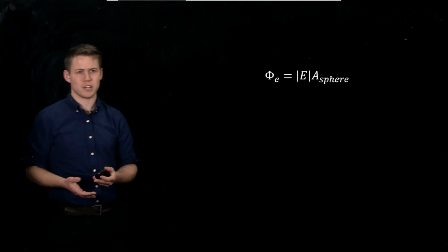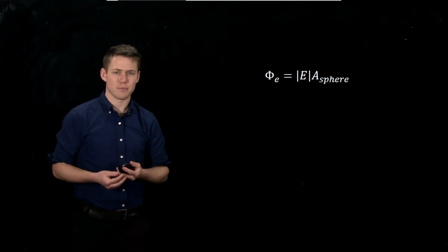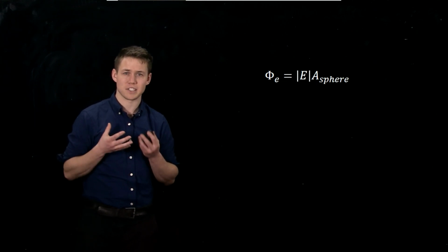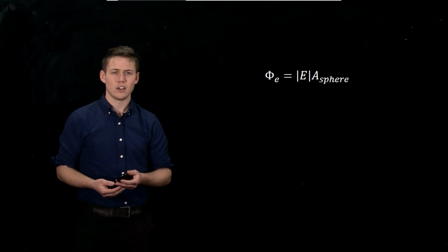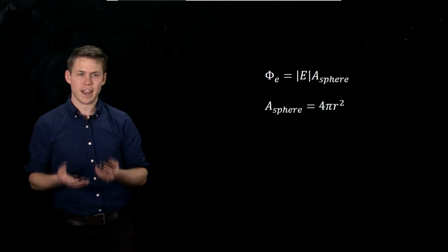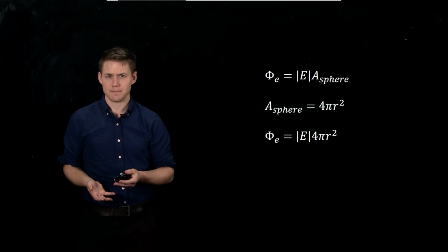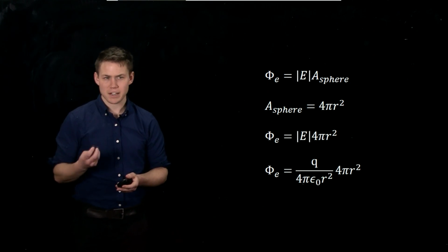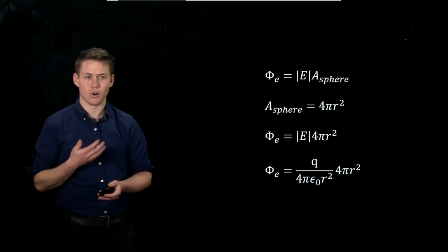Okay, let's pop that equation up over here. So this is what the flux through that closed sphere is. It's just the magnitude of the electric field times the area. Well, we know how to calculate a few of these things. First off, the area of the sphere is just 4 pi times r squared, so we can plug that in. And secondly, the magnitude of the electric field, as we said before, is just Q divided by 4 pi epsilon naught r squared.